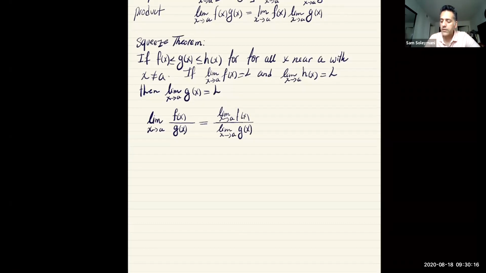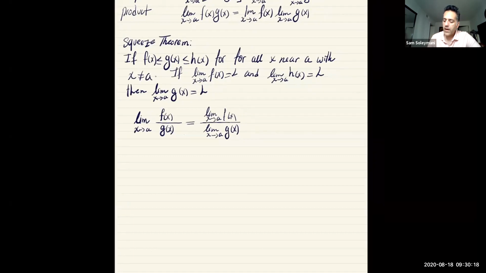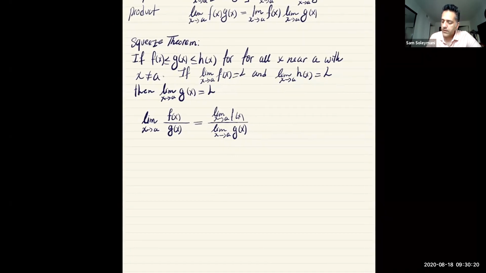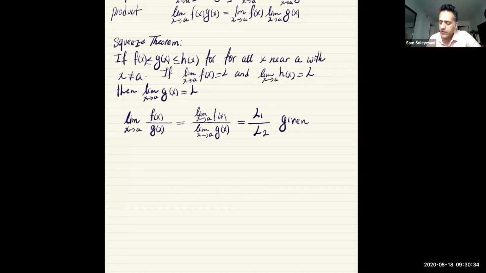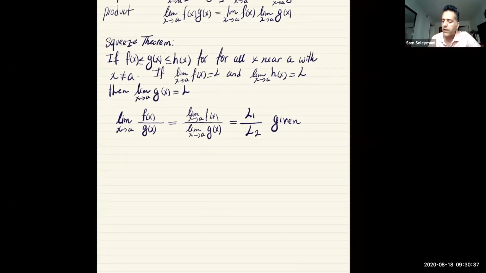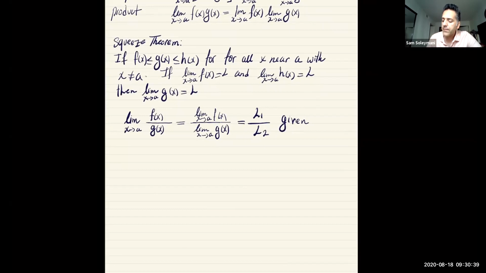Okay, so you can do this, and this is equal to, let's say, L1 over L2, given that the limit of f is L1, let's say, and the limit of g is L2, let's say, given that L1 and L2 are not both 0.